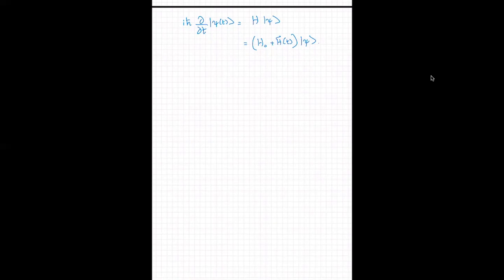So just like we developed a perturbation theory for time-independent Hamiltonians, we can also develop a perturbation theory for such time-dependent Hamiltonians. The question is, how do you develop this perturbation series, and how do you calculate the corrections to the energy eigenvalues and the wave functions? Okay, so this is the problem. Is this clear?